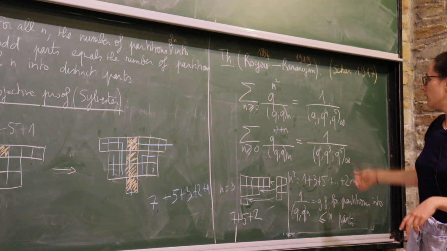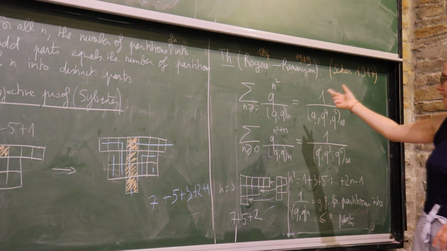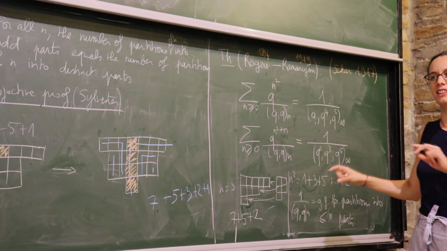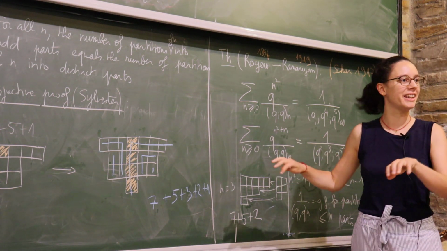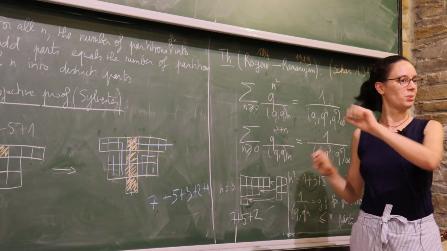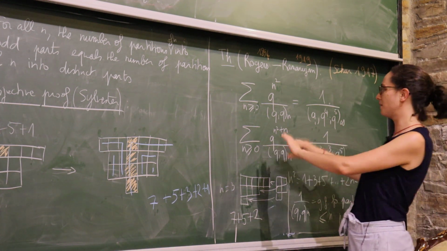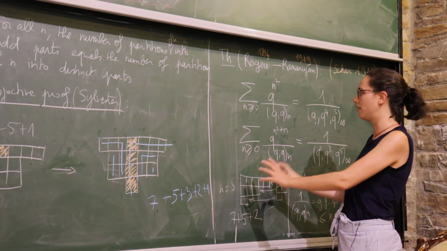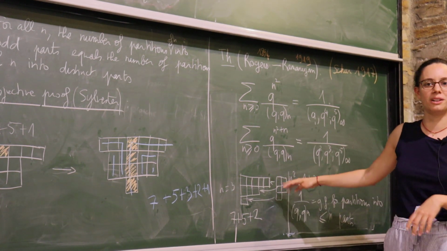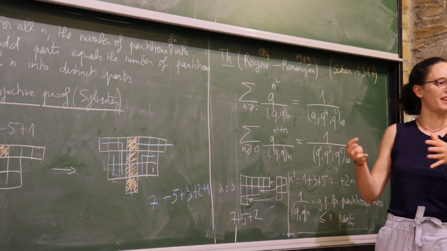And more generally, you can also use one of the rules I said yesterday about generating functions, that if you have a pair of objects and you want to compute their generating functions, it's the product of the generating functions. So you can consider such partitions as a pair of a staircase on one side and a normal partition with at most n parts on the other side.